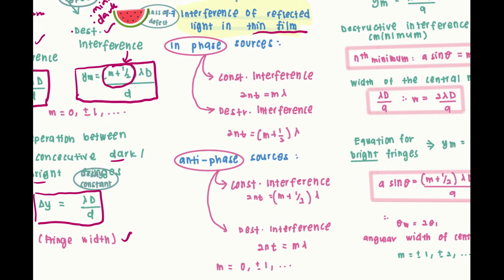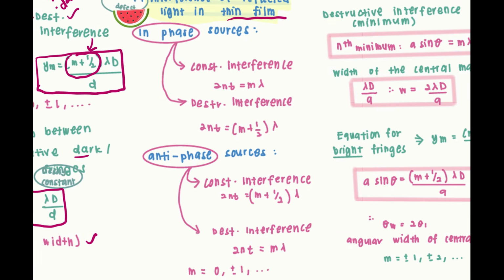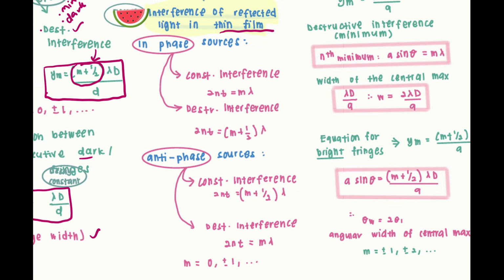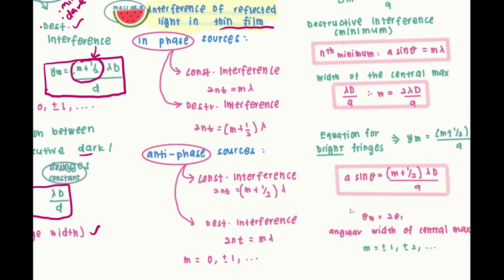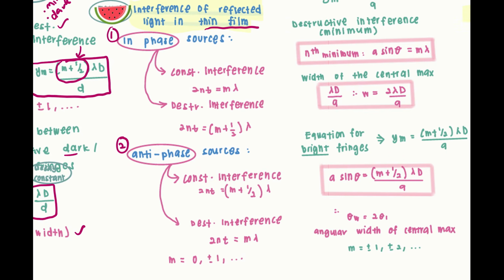Then we have interference in thin film. Basically the first thing that we need to do is look at the case we got. It is either in phase or anti-phase. So we have 2 possible cases of thin film. If it is in phase, for example, we have the upper medium here, and this is our thin film.